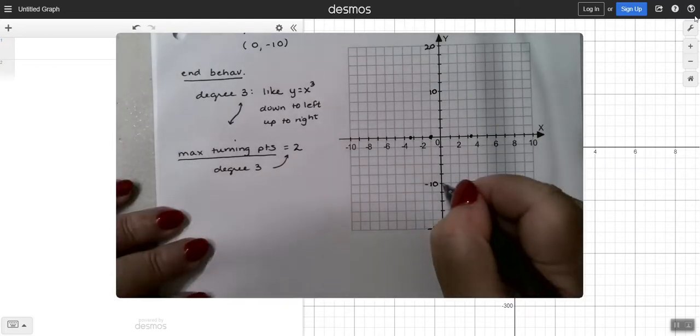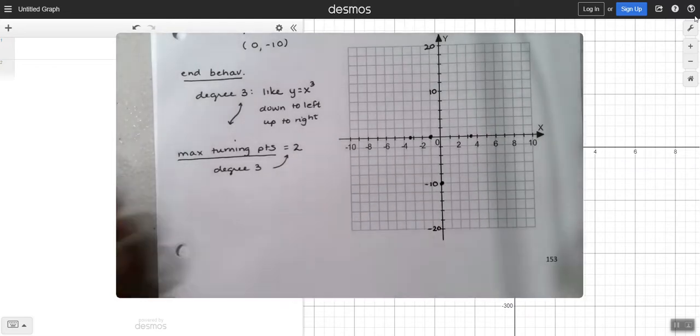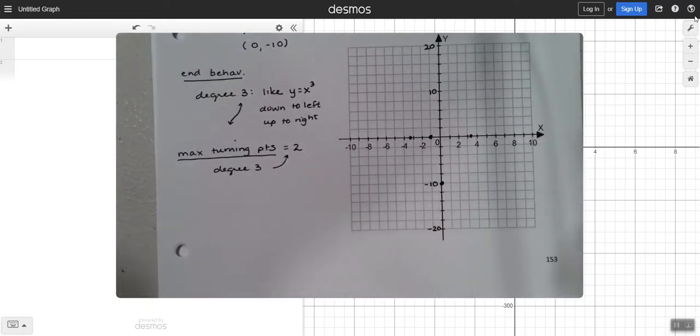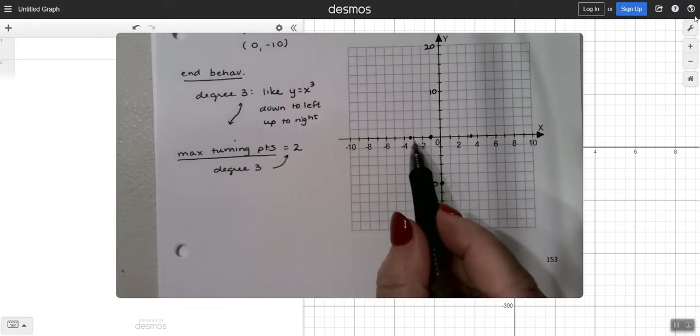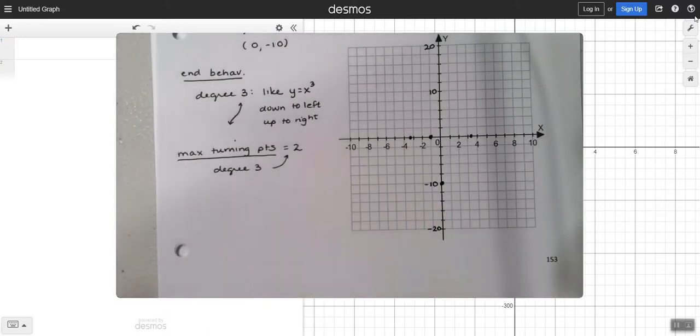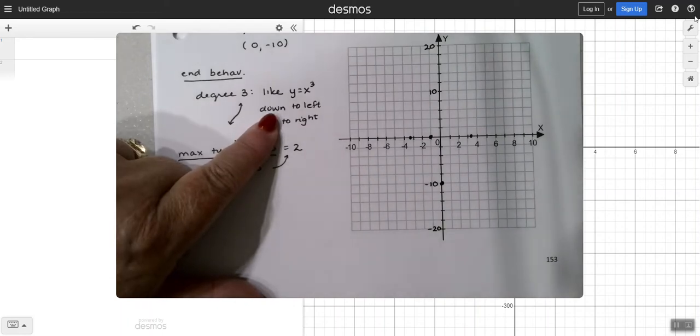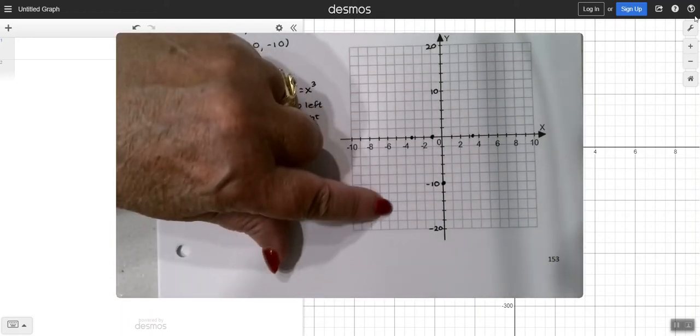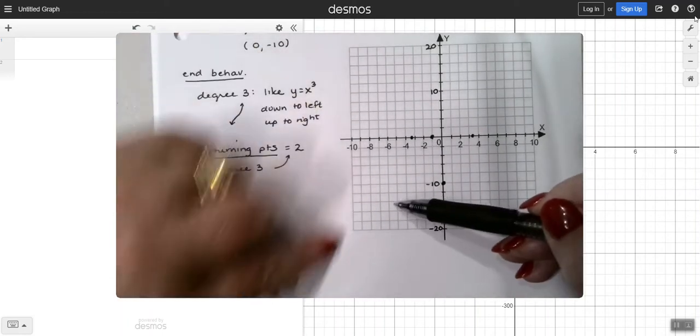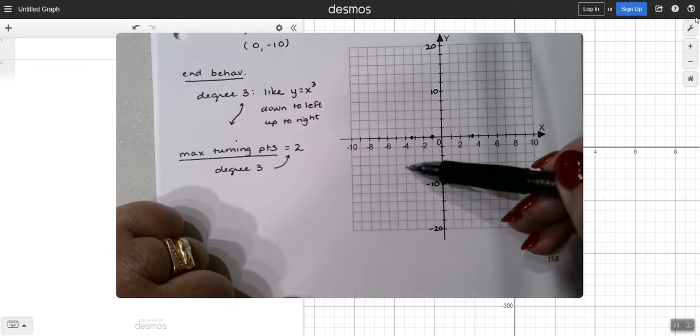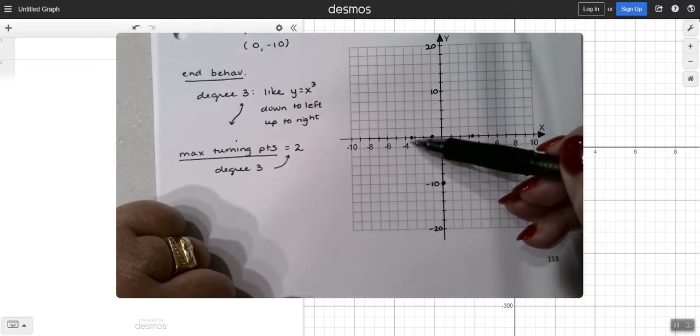There's my y-intercept. Now what I wanted to point out to you at this stage is that we could actually get a pretty good idea of what this graph looks like from here without ever even looking at our technology. We know we found all of the x-intercepts. We know we should start down to the left, so I should start down here. If I do that, I would have to come up through this first x-intercept.